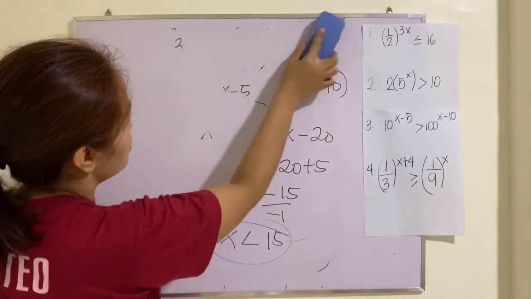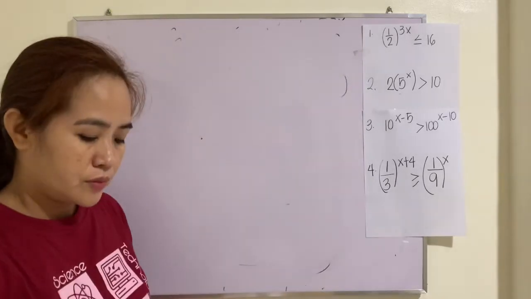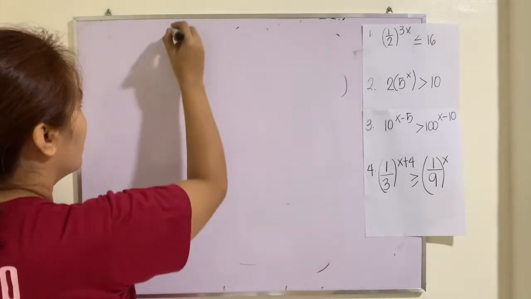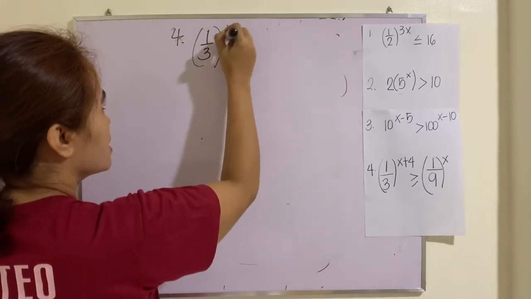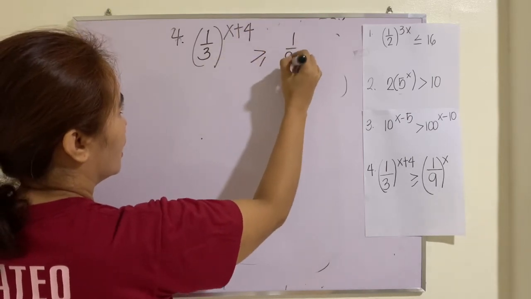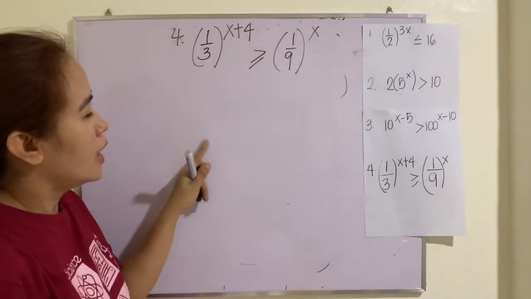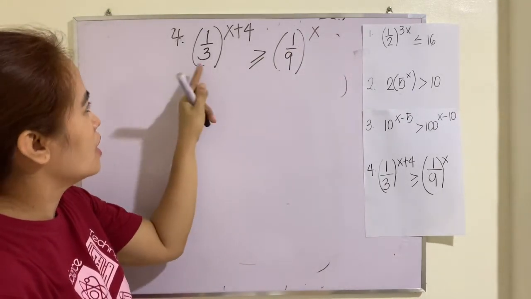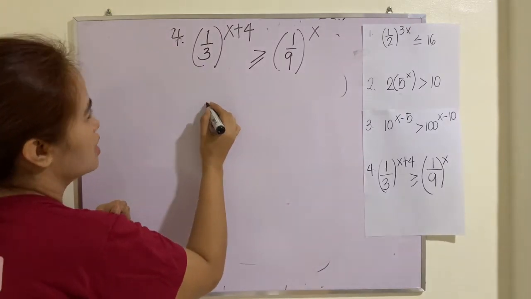Let us go to example number 4. The last example, you have 1/3 raised to x plus 4 is greater than or equal to 1/9 raised to x. I can make this as base 3 also, or if you want, you can make it as base 1/3.